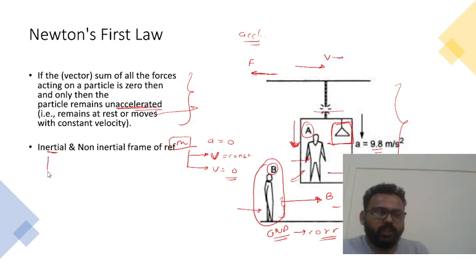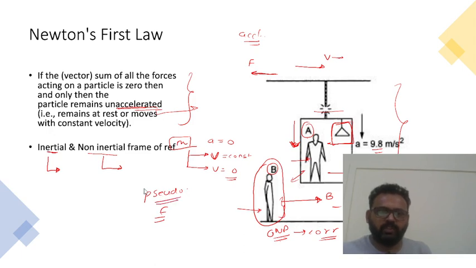Then what is an inertial frame of reference? It's a frame of reference in which all of Newton's laws are valid. So naturally a non-inertial frame of reference means one in which Newton's laws are not valid. So in exams, you might come across this concept, then there is a concept of pseudo force. What is pseudo force?